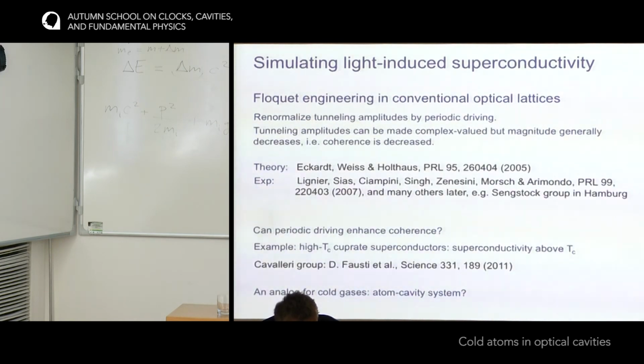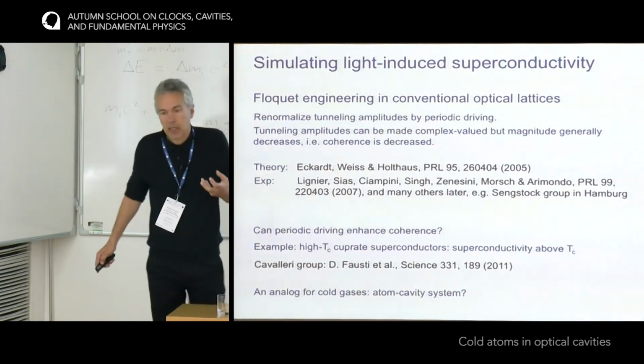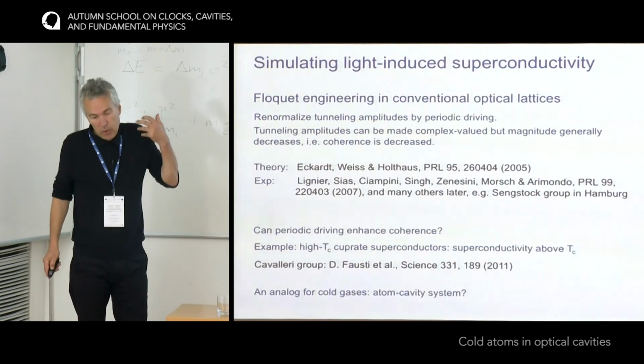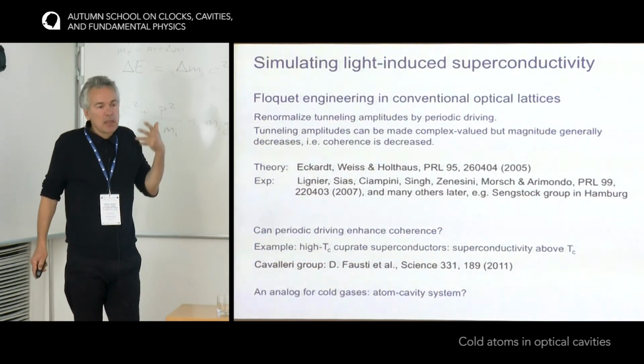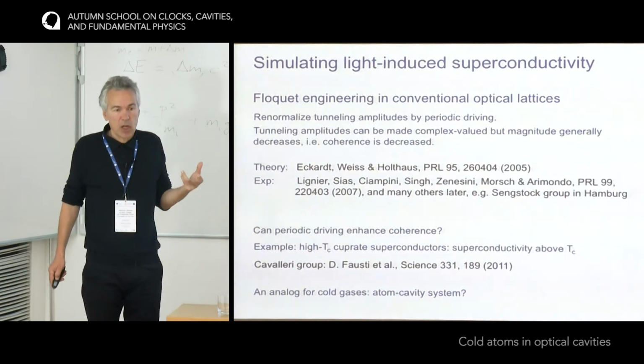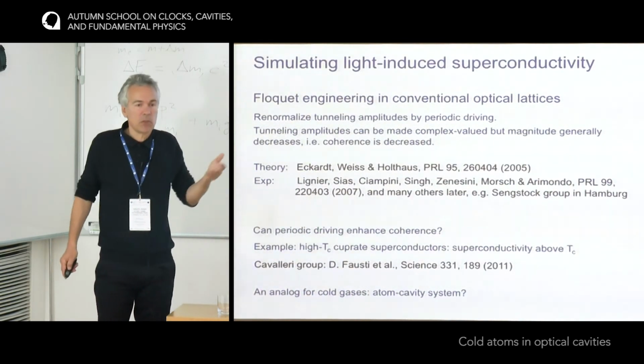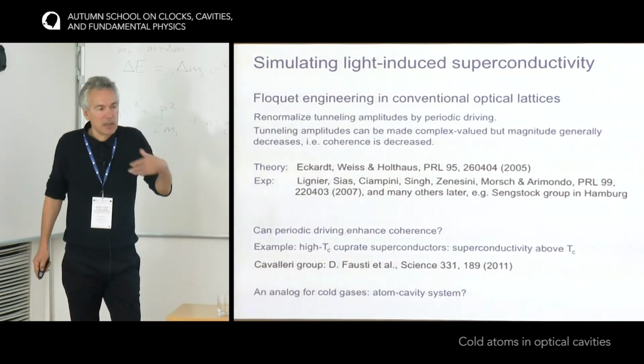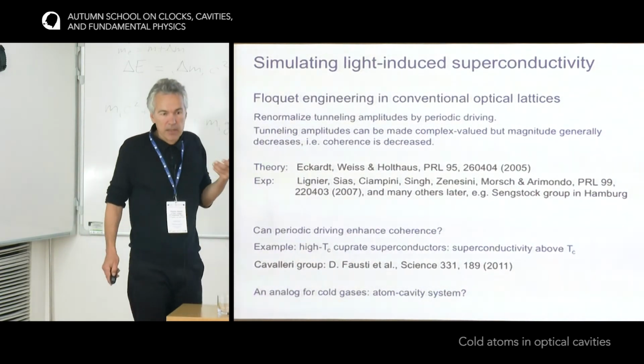So I want to show you what happens when you use modulation techniques that have been used a lot to introduce interesting physics into conventional optical lattices. I don't know how much most of you follow these quantum gas experiments.